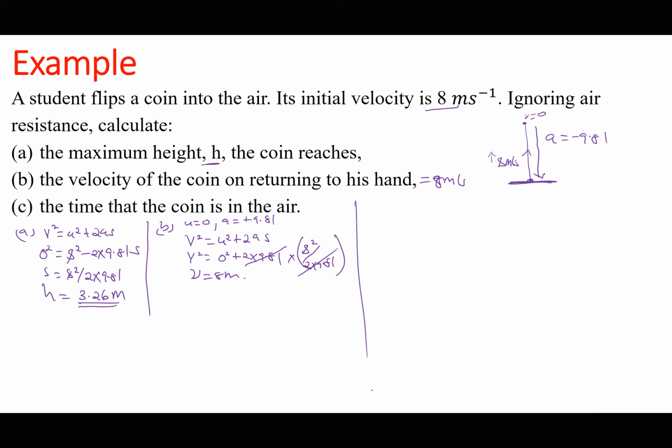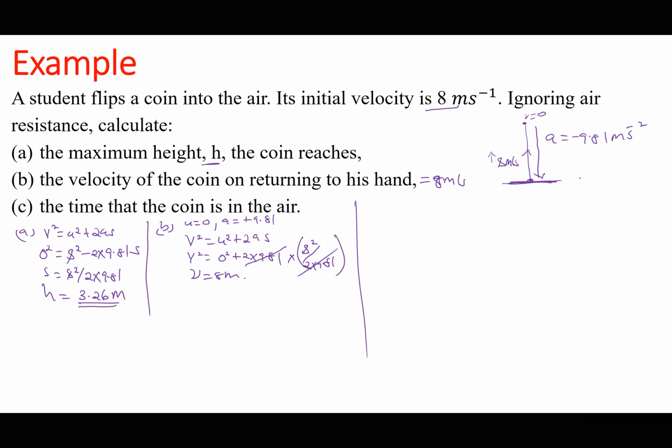If it is falling downwards, then the speed increases by 9.81 meters per second every second. Therefore, if it falls to the same level where it started from, it falls at that level with the same speed it was projected upwards.